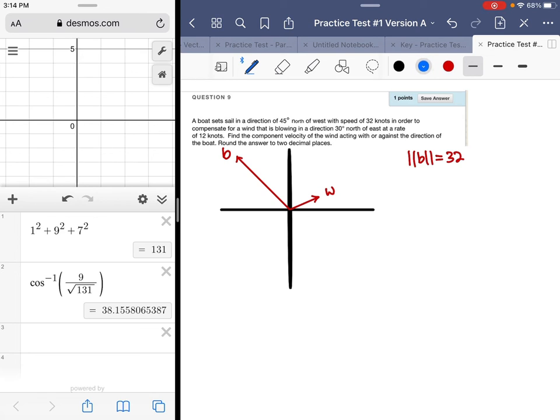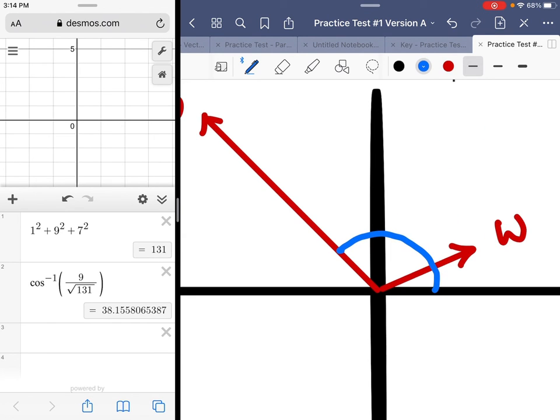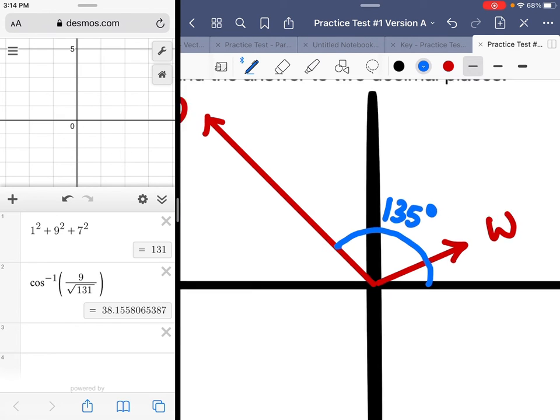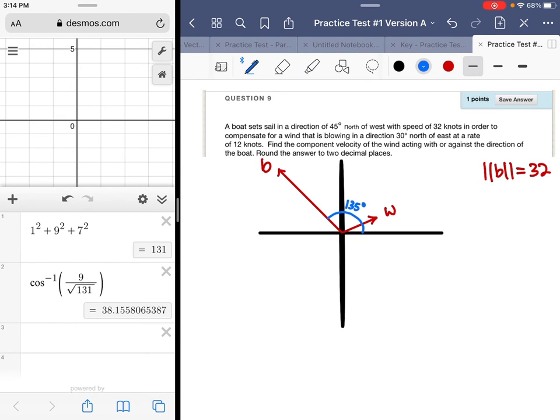So that's telling us if we're going with the x-axis, that would be 135 degrees. The other one is 30 degrees, so I could just kind of tuck that in there.